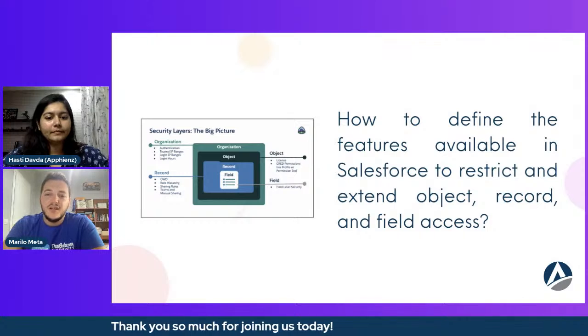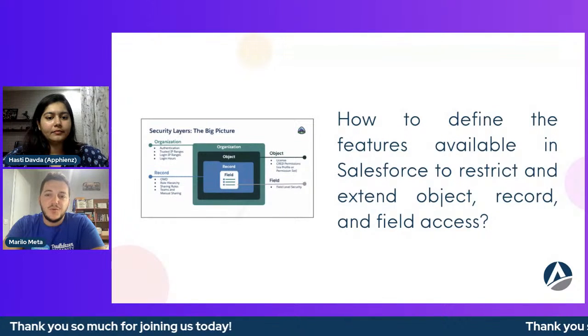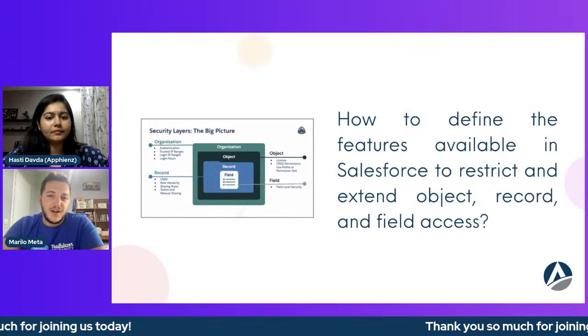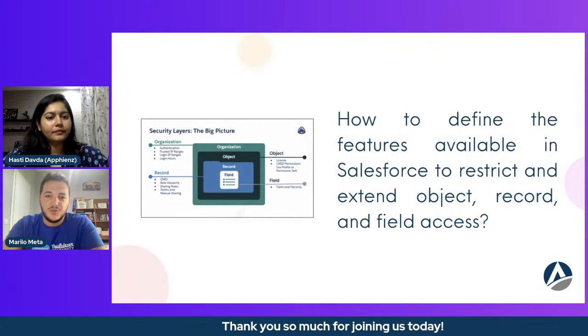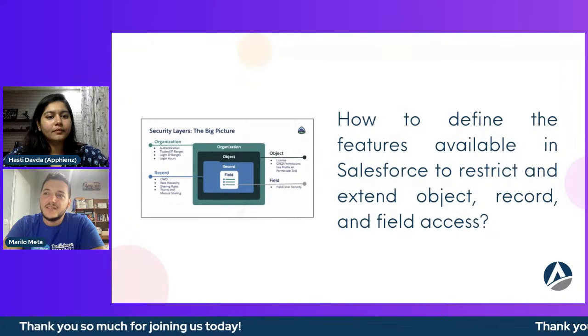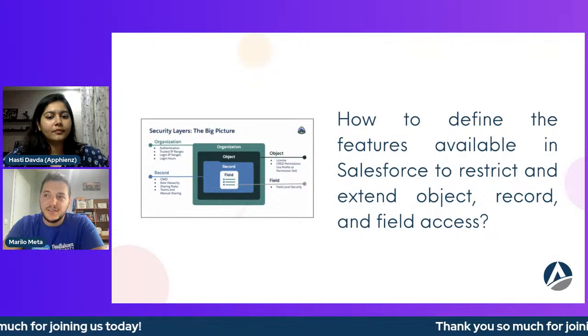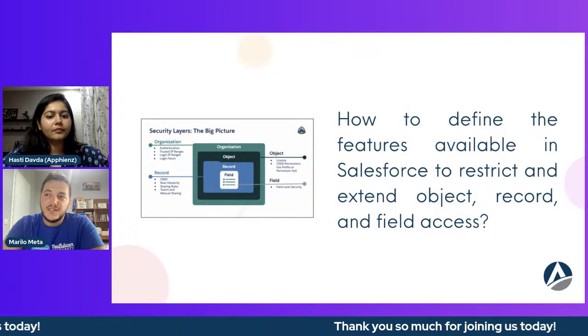For example, we can have the standard user profile, which doesn't have access to delete records, and doesn't have access, for example, to open some objects, and they place the access through profiles and permission sets. Permission set is just adding up access.